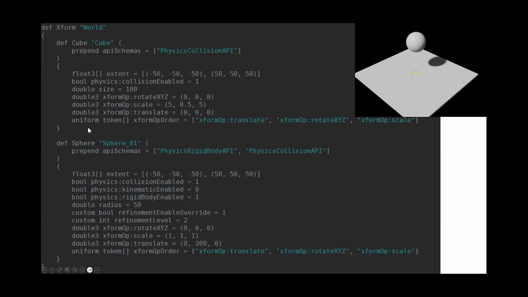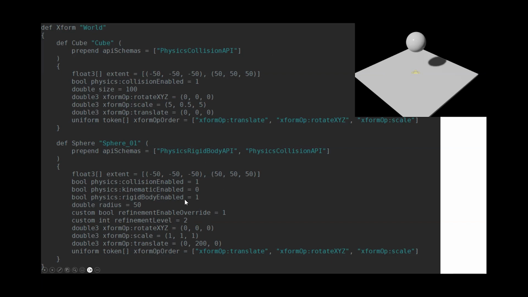We have an object called a cube. It has a physics collision API to make it static. Notably, USD has built-in primitives, first class, baked into the file format. So the physics API doesn't have to specify the size via a similar collision geometry extension.